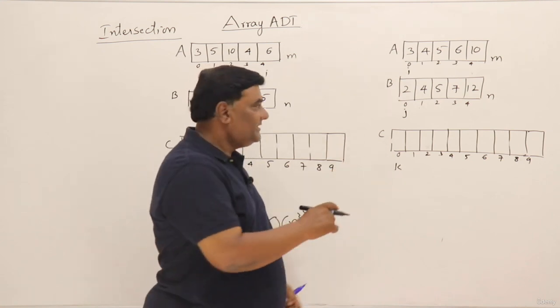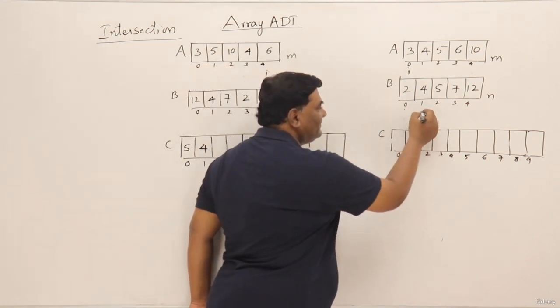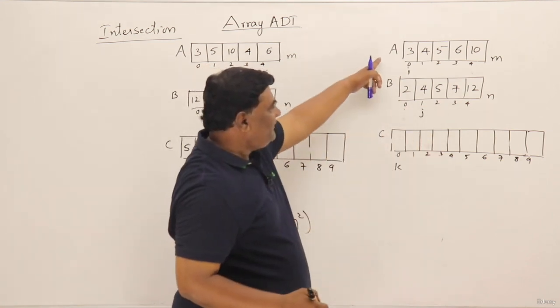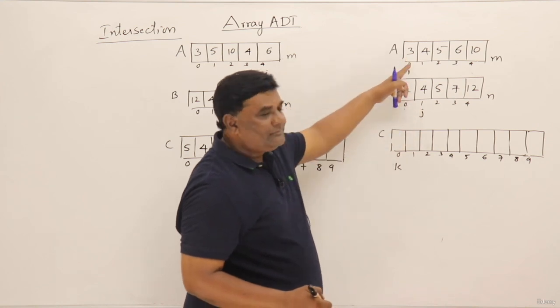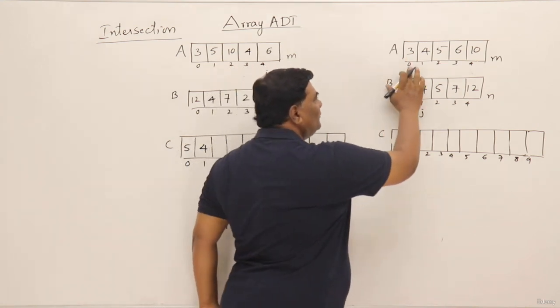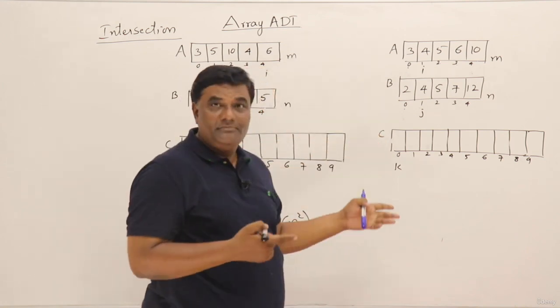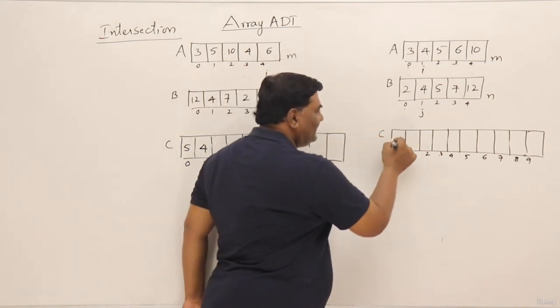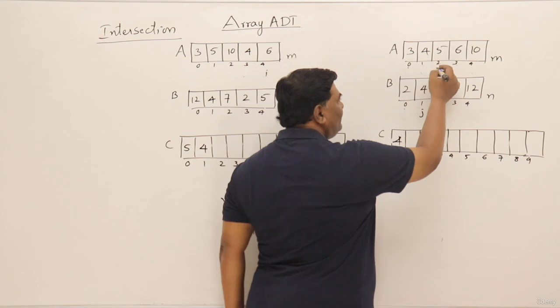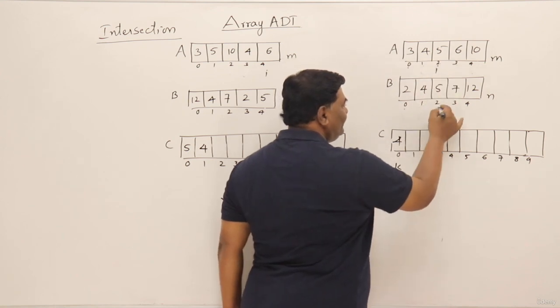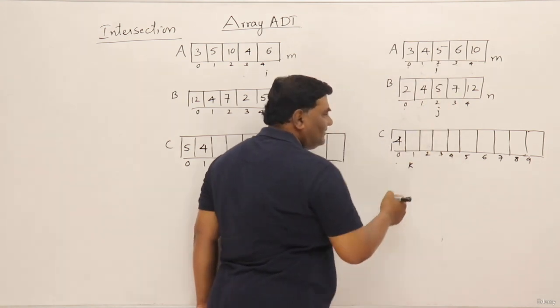We don't want that element. Move next. Then compare A of i with B of j. That's smaller. Don't copy it. Move next. Now compare A of i with B of j. Both are equal. We want that element. So copy that element 4, move i as well as move j and move k.